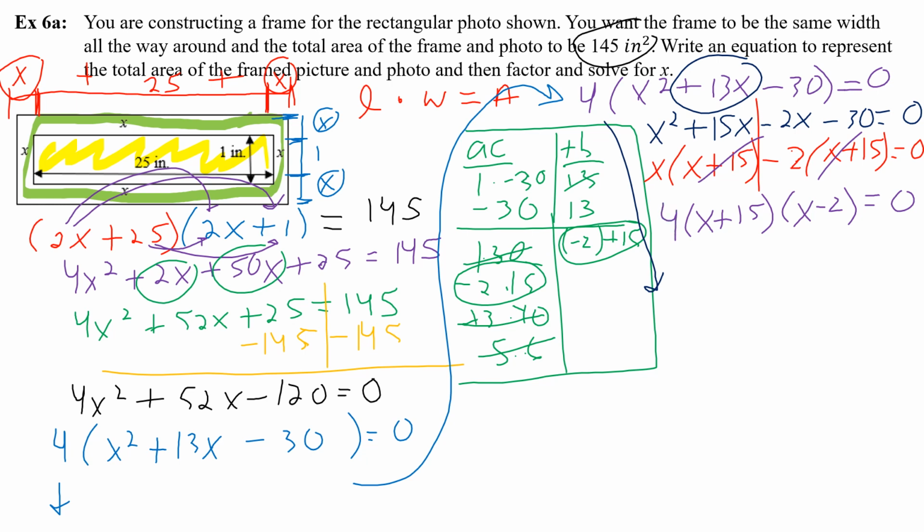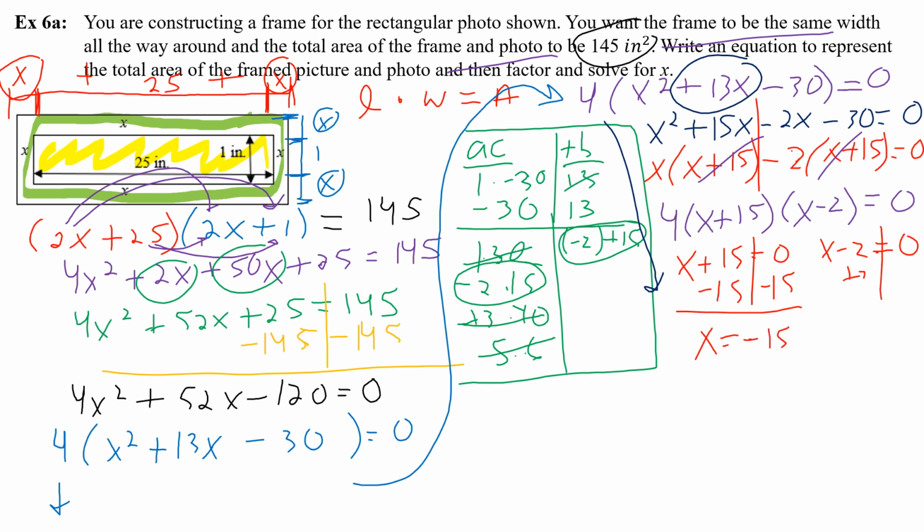Okay, so we created an equation. We factored it. Now we've got to solve for x. So each factor that has an x will be set equal to 0. So we have x plus 15 equals 0, and x minus 2 is equal to 0. Solve here, subtract 15. Turns out x is equal to negative 15. Add 2.